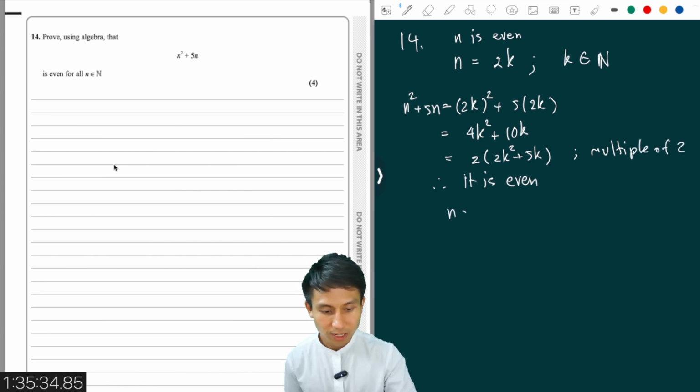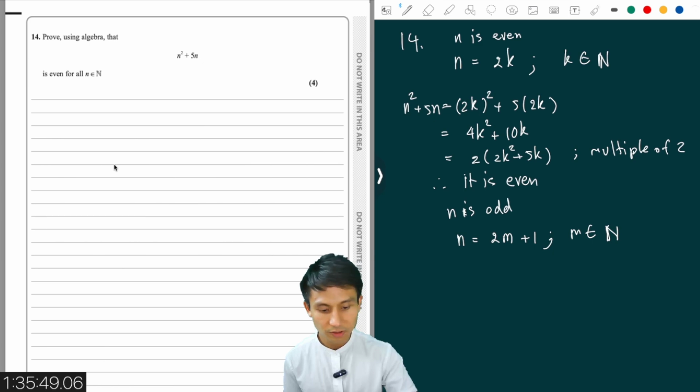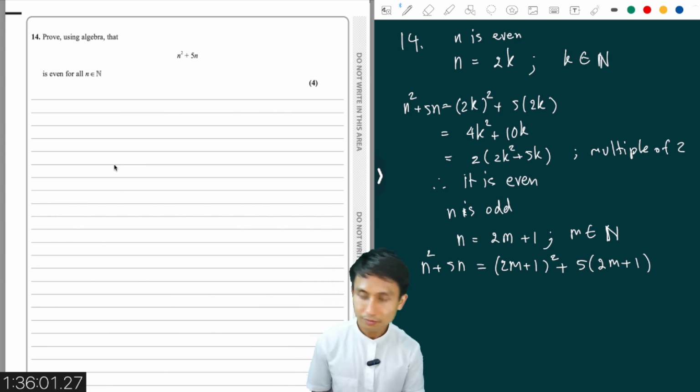And for the case where n is odd, so we have n equals, let's use 2m plus 1, where m is also an integer, positive integer. So n squared plus 5n would be equal to (2m plus 1) squared plus 5 times (2m plus 1).